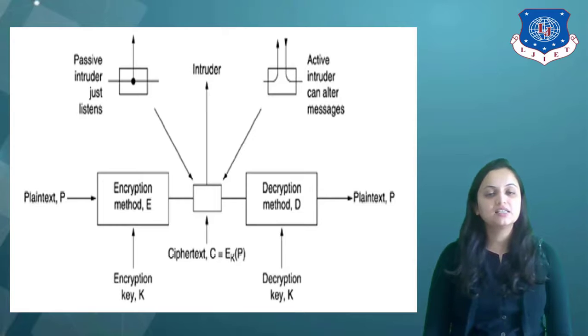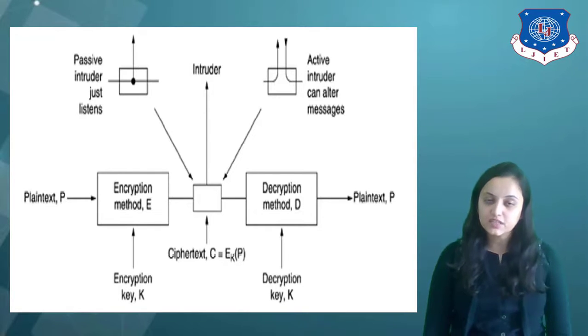Here the ciphertext is the encrypted message that is to be sent over the channel and decoded at the receiver. As you can see, the ciphertext C is given as EK of P. That means the encryption key is applied to the plain text.